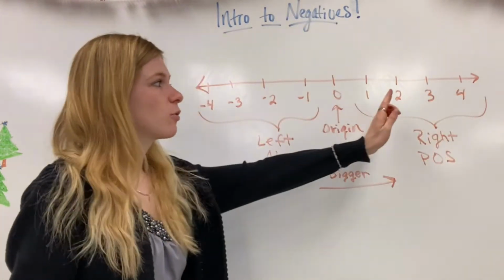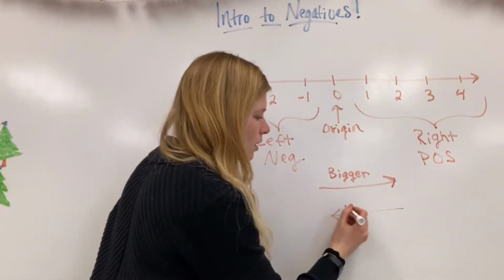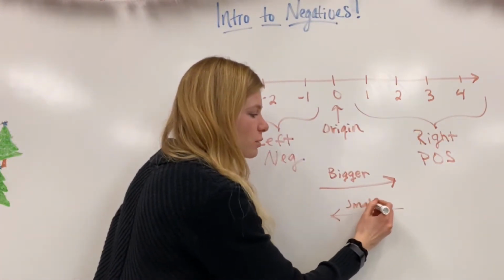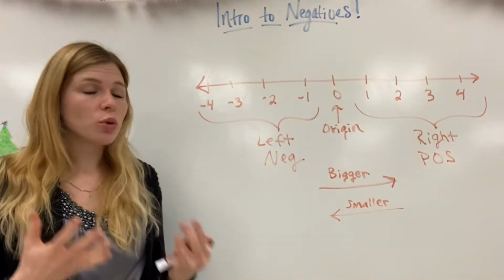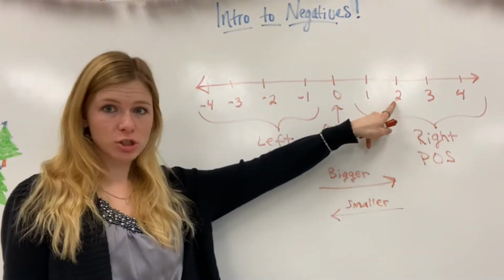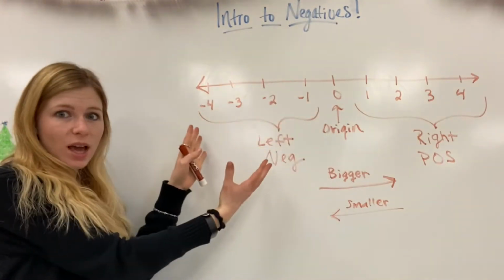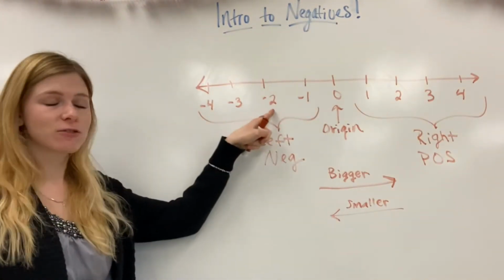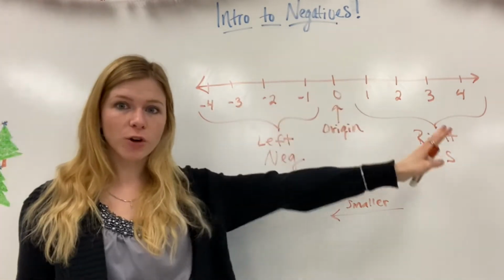That means if we're going this direction to the left, our numbers are getting smaller. Even though we know that 3 is bigger than 2 because it's on the right side, on this side where they're negative, negative 2 is bigger than negative 3 because it's furthest to the right.